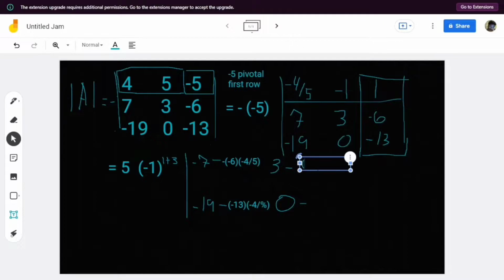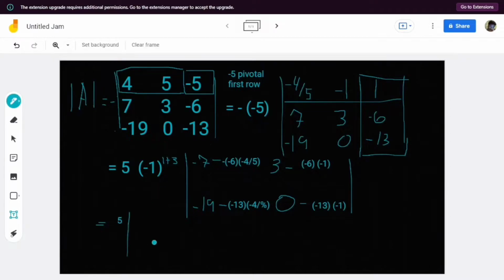Next is 3 subtracted by negative 6 times negative 1. And 0 minus negative 13 times negative 1. And we'll have to simplify the 2 by 2 determinant. So this will be equivalent to 5 times positive 1 multiplied by the 2 by 2.